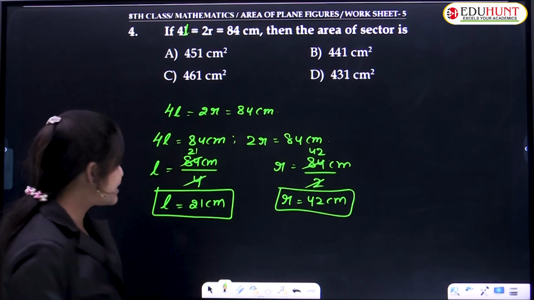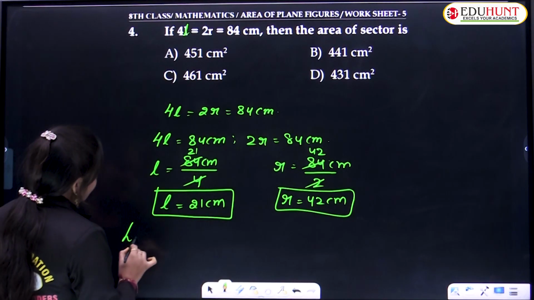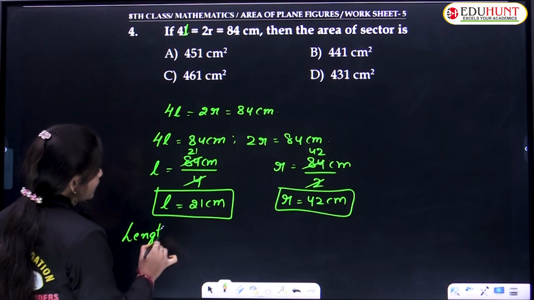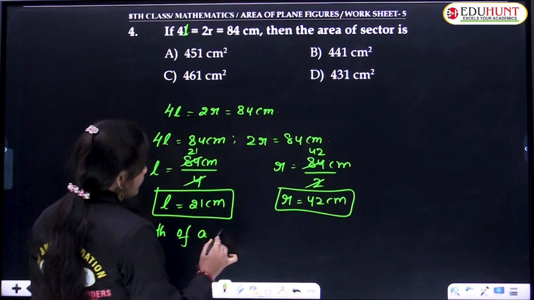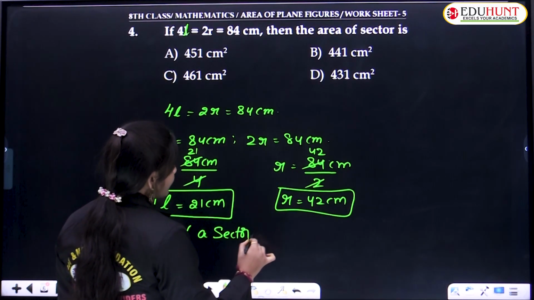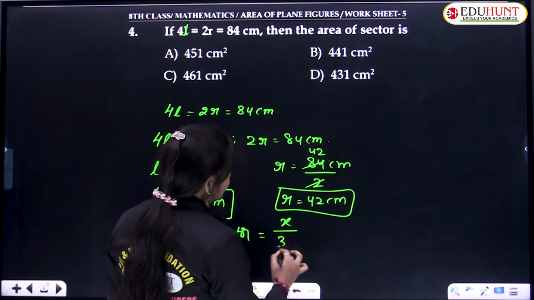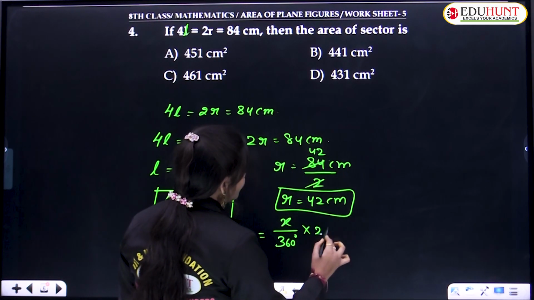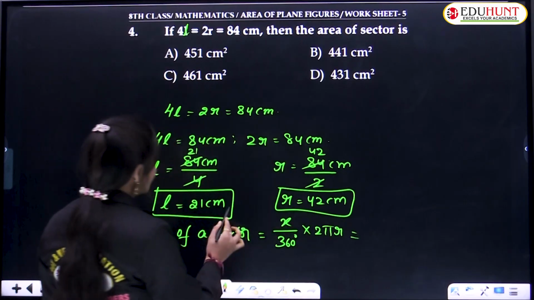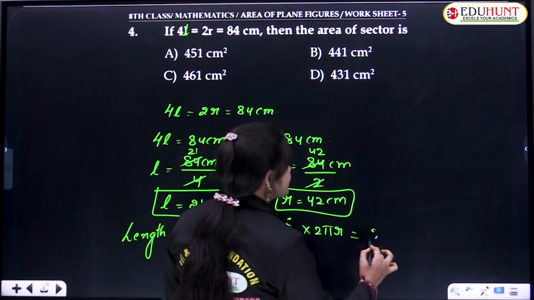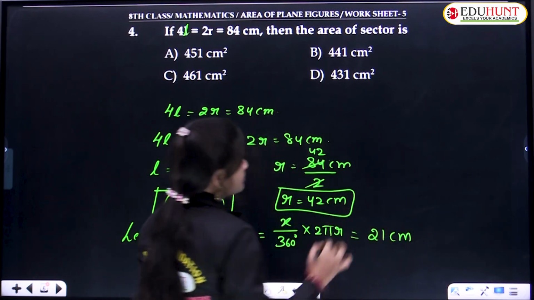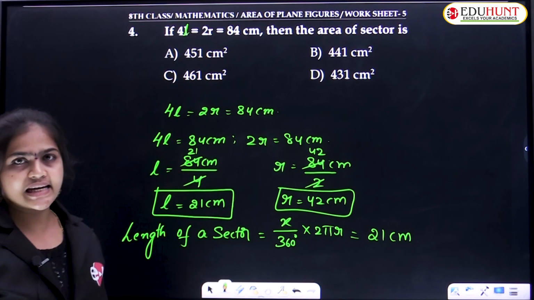Now we have these two values. Length of a sector, how much we got here? Length of a sector, what is the formula? x by 360 degrees into 2 pi R, which is equal to the length, 21 centimeters.